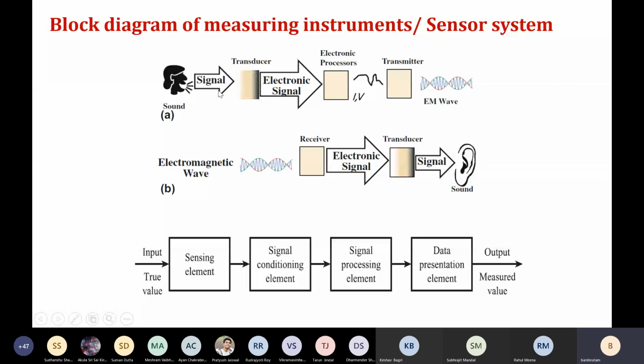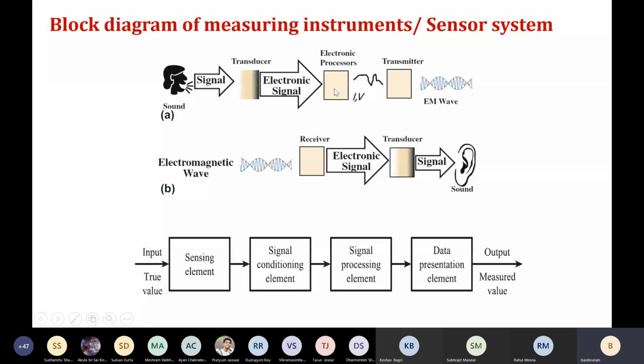So here, that example has been shown. Like you are speaking something, the transducer, the microphone here, will convert that acoustic signal into an electrical signal. Then you need some sort of processing, like suppose your signal might consist of some unwanted noise, so you need a processing block. Then again you need an amplification block, so that your voice will be amplified and can reach every corner of the auditorium, right?